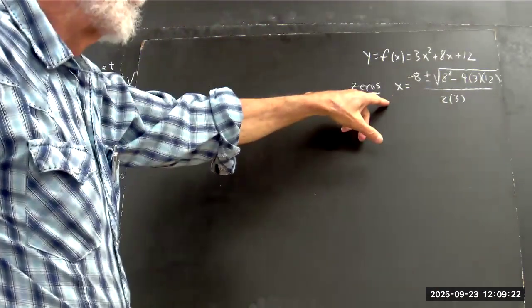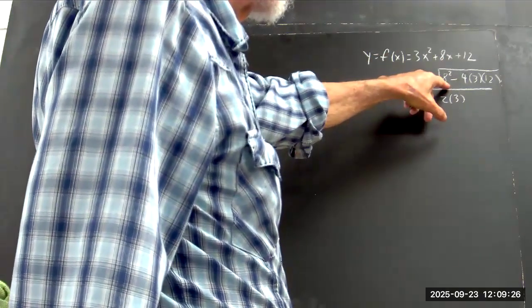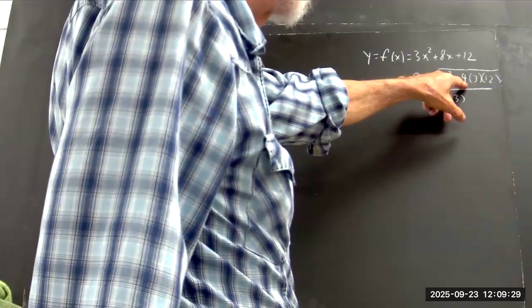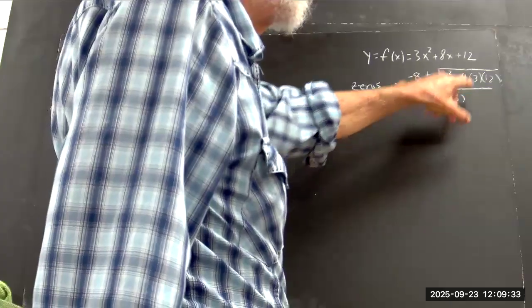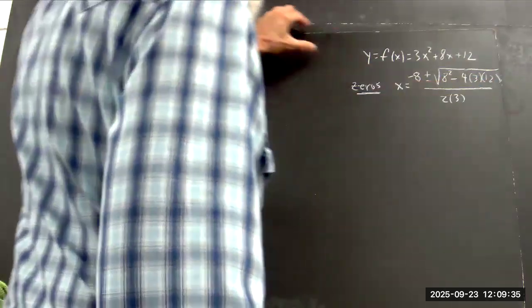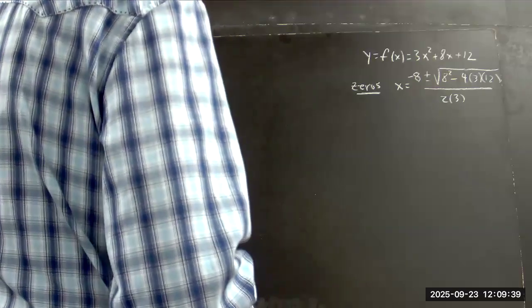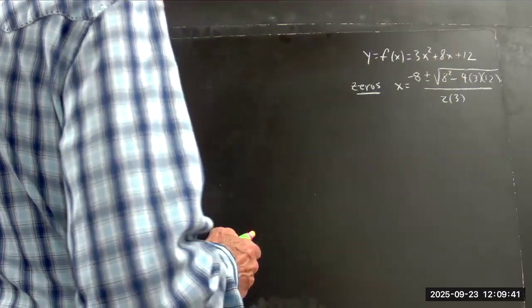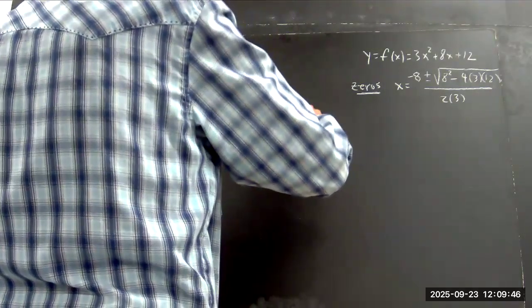So again, B goes here and here. You got a -4 here. Your A goes here and here. And your C goes here. Before I do anything else, I can tell you something about this graph.